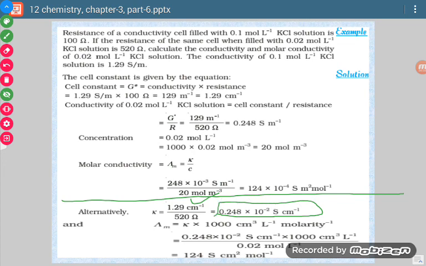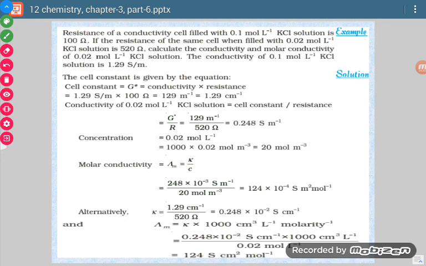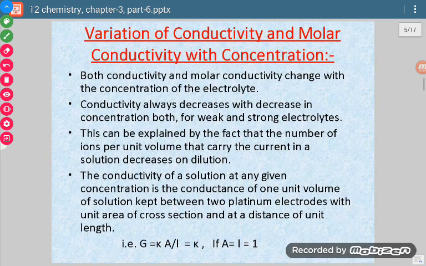Once the kappa value is known, by putting the values in the standard formula, lambda m is equal to kappa into 1000 over molarity, we can also calculate this. So these are two different methods by which we can calculate the conductivity.